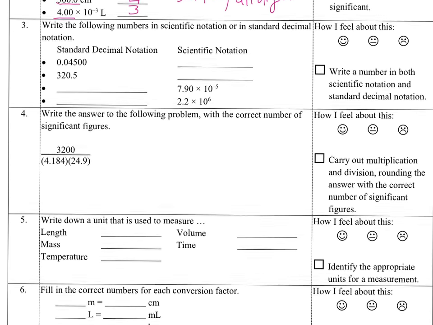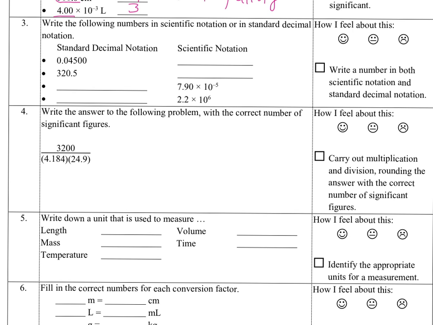Number 3. I'll write the following numbers in scientific notation or standard decimal notation. This is going to be scientific notation. 4.5 times 10 to the, so I move my decimal point. I added 2 tens to make it 4.5, so I'm going to take away 2 tens.